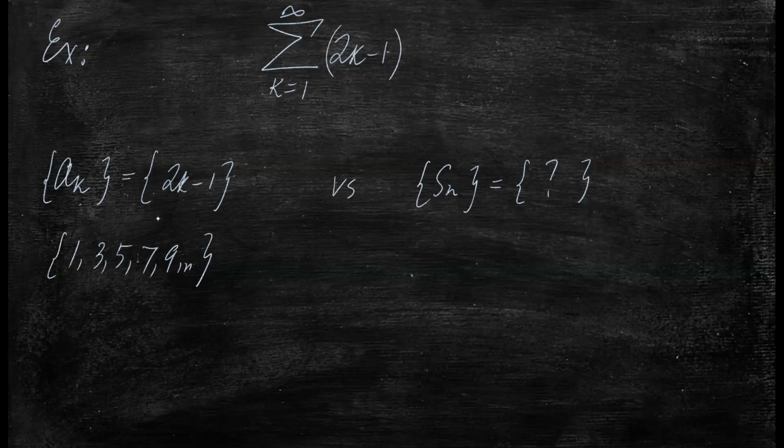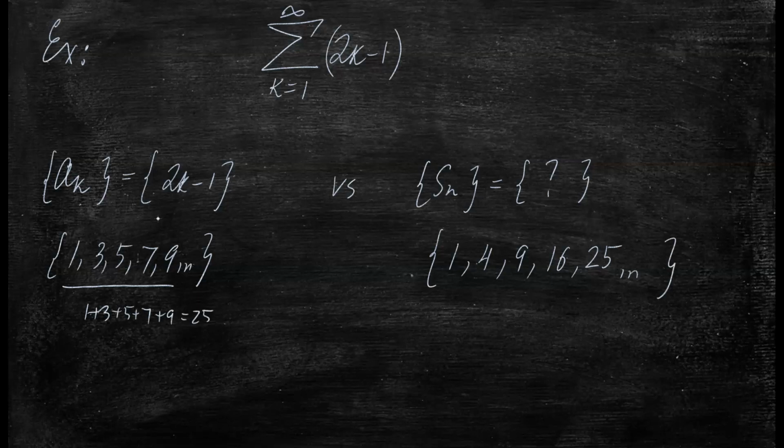Let's write out some of the terms of the partial sum sequence. It will be 1 plus 3, 4, 4 plus 5, 9, 9 plus 7, 16. How do I know the next one is 25? I just added the first 5 terms here: 1 plus 3 plus 5 plus 7 plus 9 is equal to 25. So this is the sequence of partial sums.